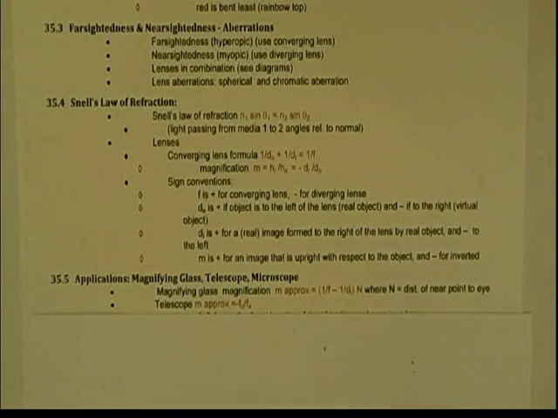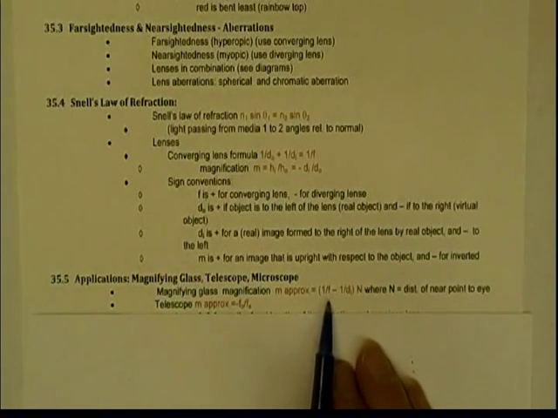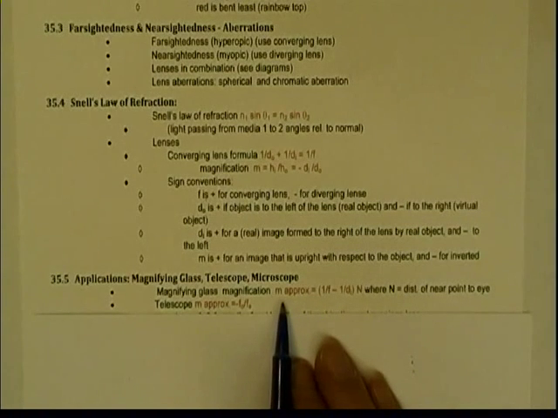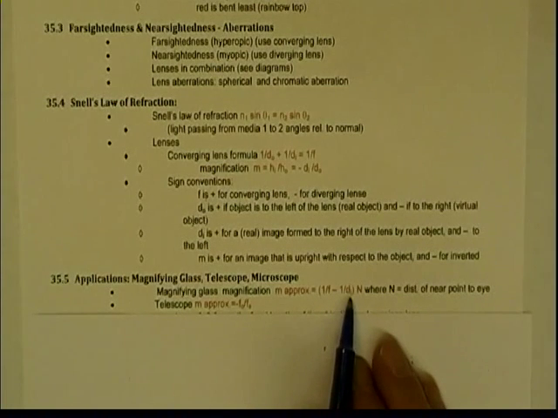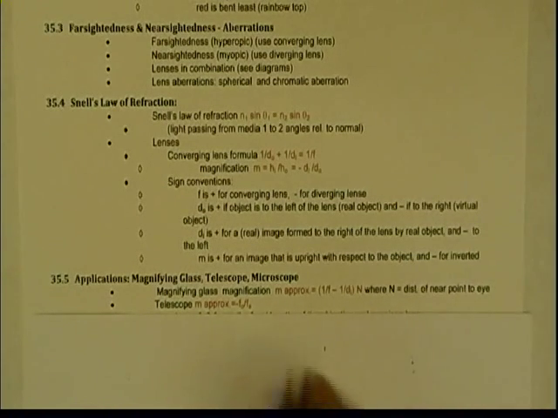Next, there's a formula I might mention for the approximate magnification, where n is the distance to the near point of the eye. I haven't derived this, but it's an approximate formula: 1 over the focal length minus 1 over the distance to the image, multiplied by the quantity n, where n is the distance of the near point to the eye.